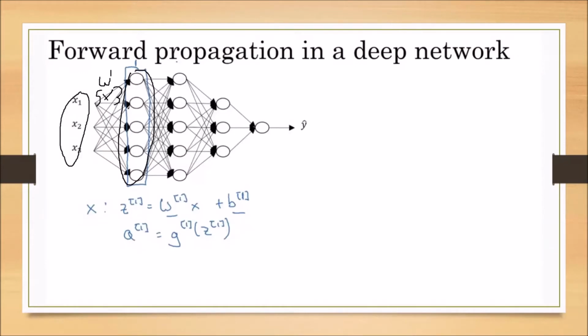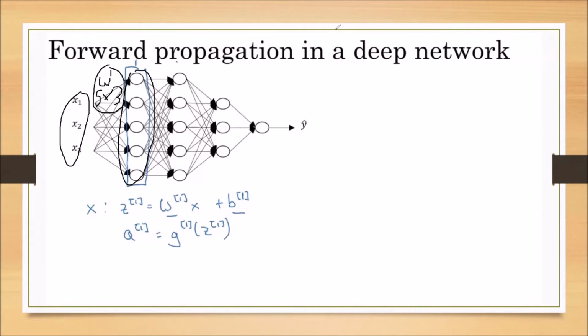Remember, this W1 matrix size will not change even if we implement for M training samples, because only the neural network structure, the number of activation units, decides the W matrix size.